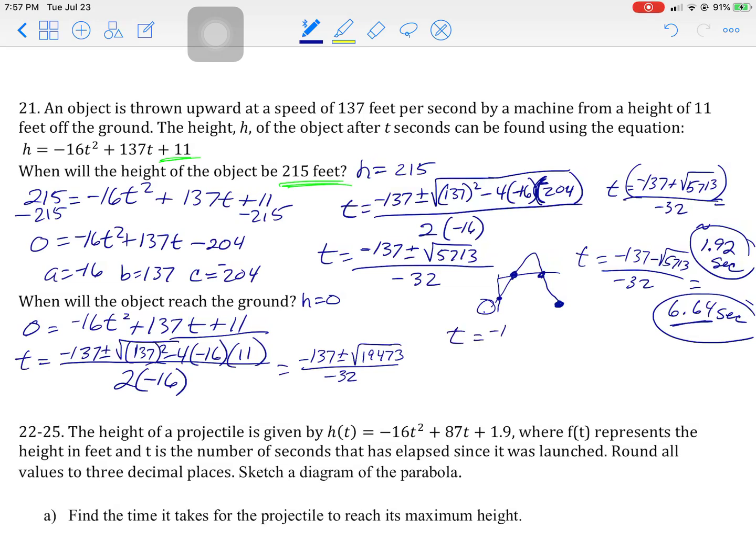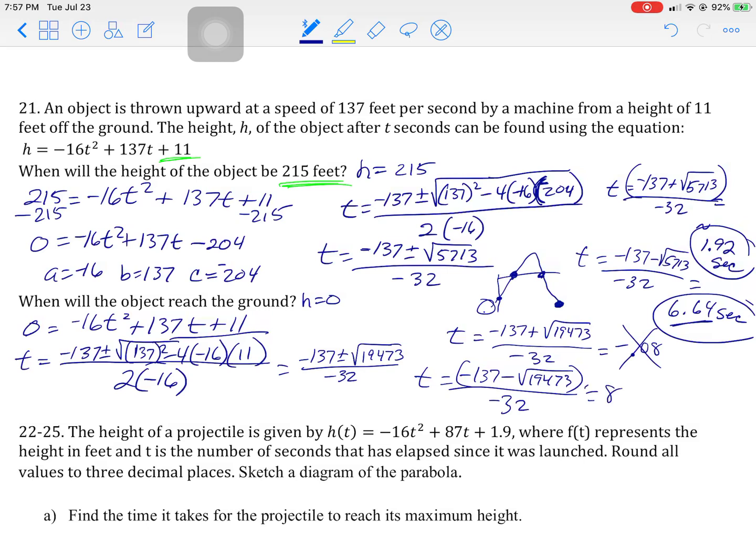So t equals negative 137 plus this big number over a negative number, so this is probably going to be the leftover negative that I don't want. Okay, and then what I do want is the negative 137 minus this big number. Remember, we're putting this in our calculator and then dividing by negative 32. So make sure you're getting all these signs right to come up with approximately 8.64 seconds. Okay, just one time for that.